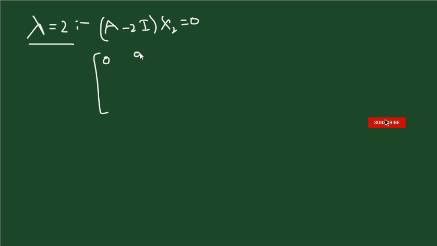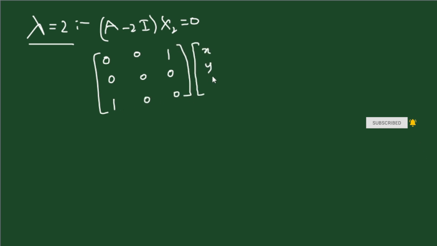The matrix is 0, 1, 1, 0, 0, 0, 1, 0, 0, multiplied by x, y, z equal to 0, 0, 0. So this is a typical one.